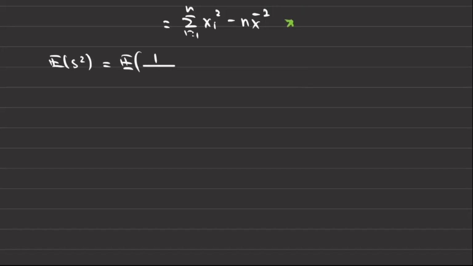1 over n minus 1, sum i from 1 to n, of (xi minus x bar) squared.